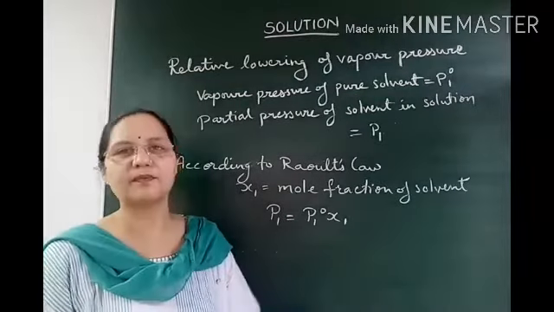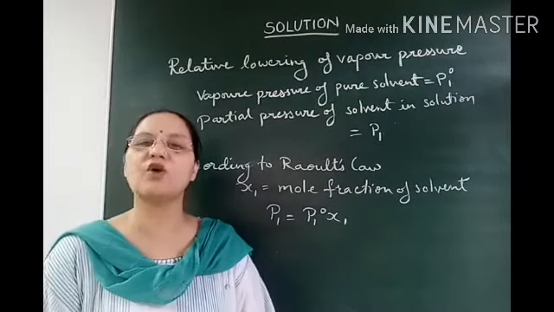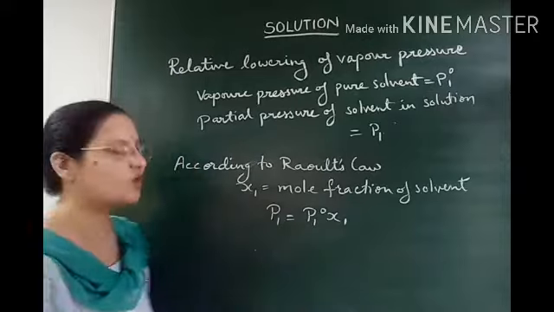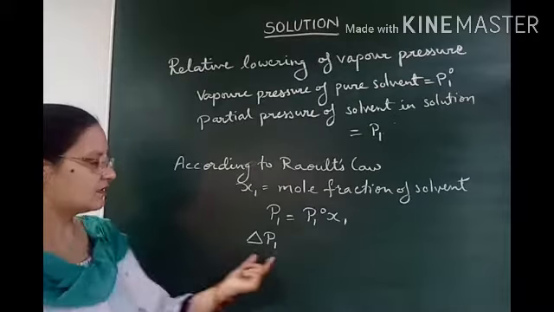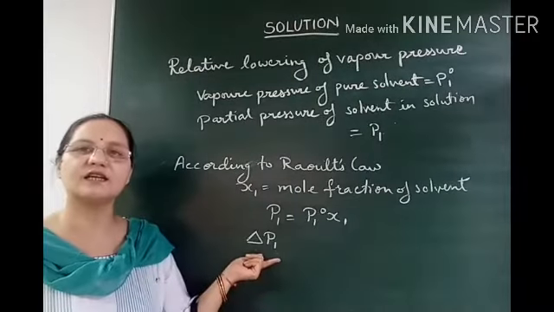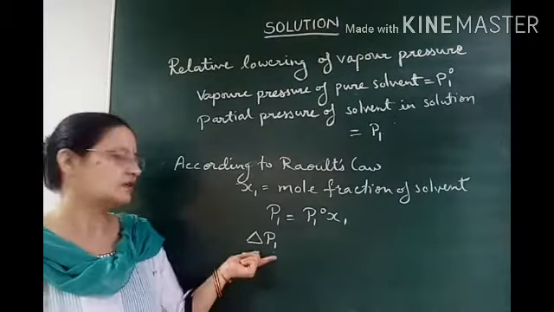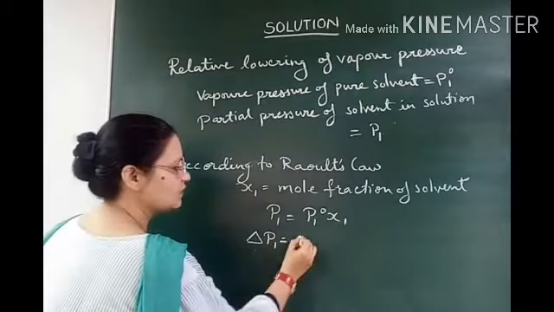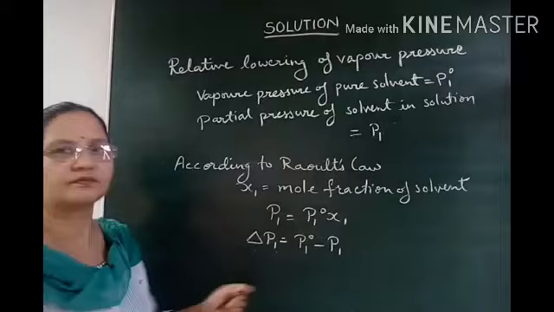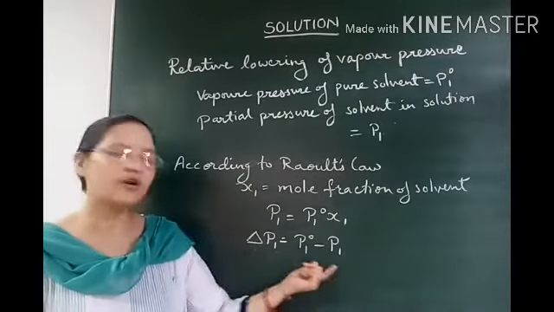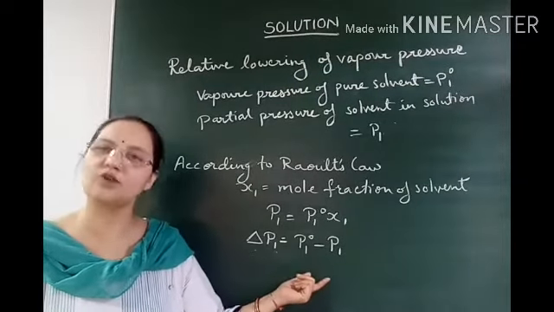Friends, the change in vapor pressure after adding a non-volatile solute to a solvent is delta P1. This is the difference in vapor pressure, so we can say it is equal to P1 naught minus P1, the difference before and after forming the solution.